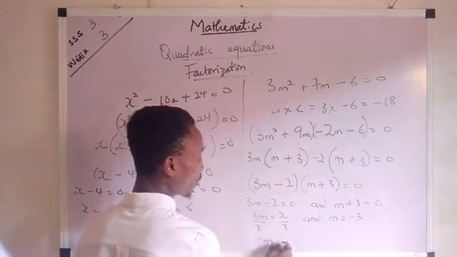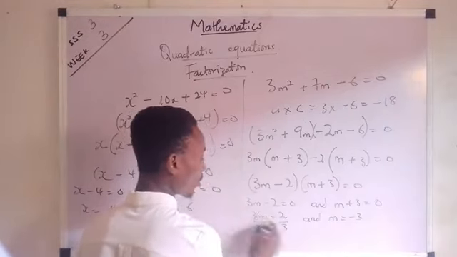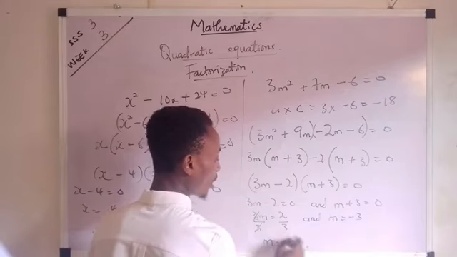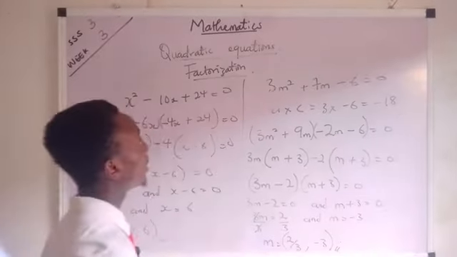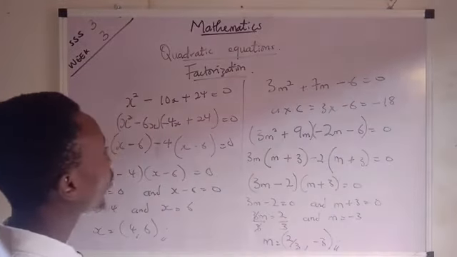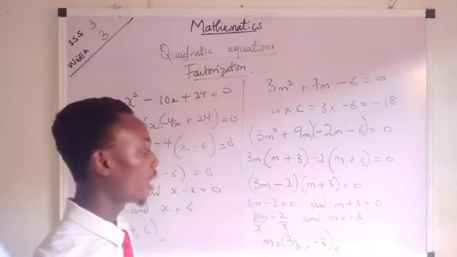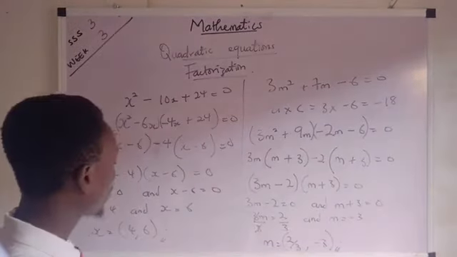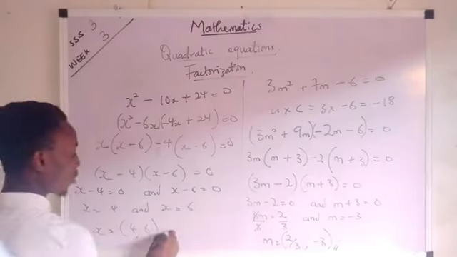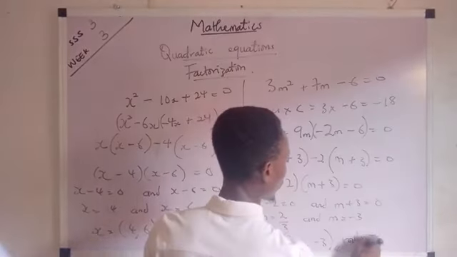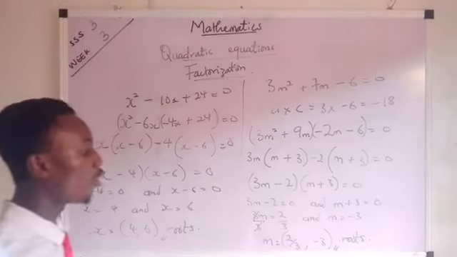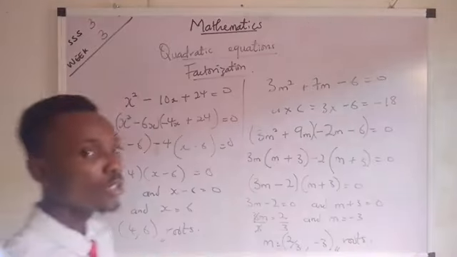You have m is equal to what? 2 over 3, and minus 3. And this is how we factorize quadratic equations. Now, the values here are known as the what? The roots. These are the roots of our quadratic equation.